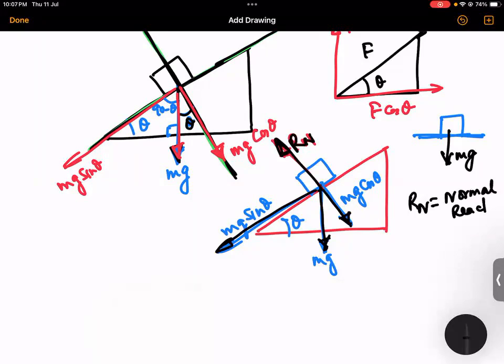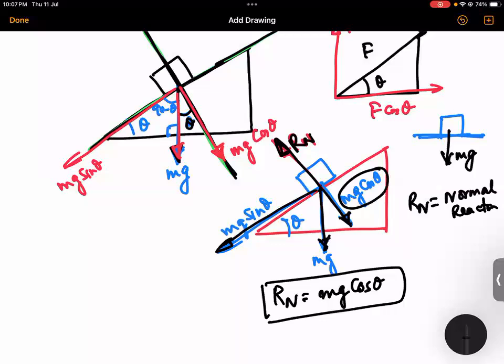Remember one thing, children, in an inclined plane diagram, your normal reaction is always equal to mg cos theta. Very, very important.